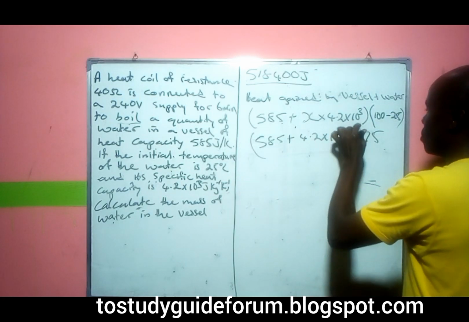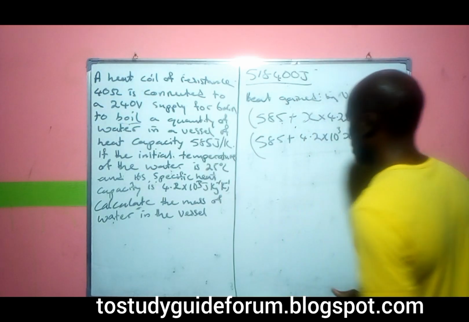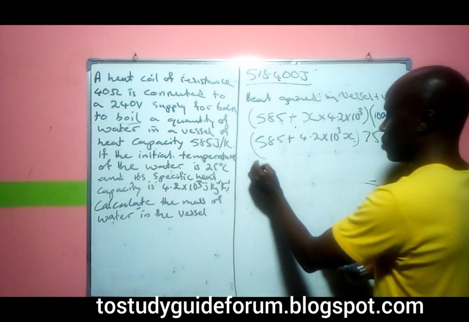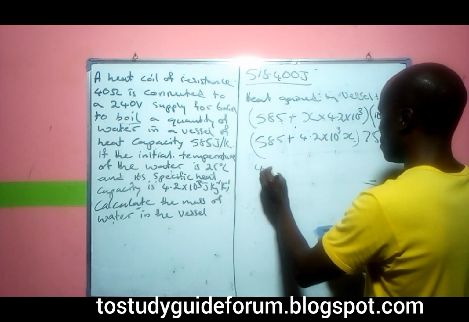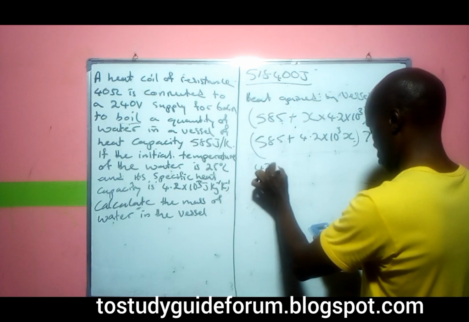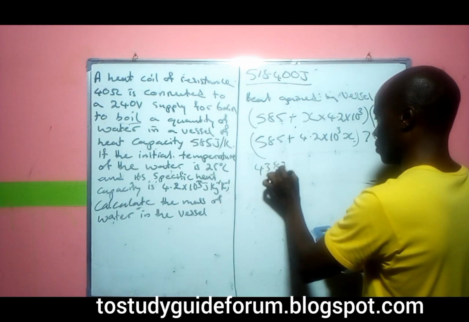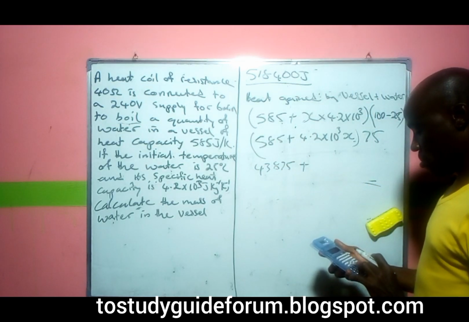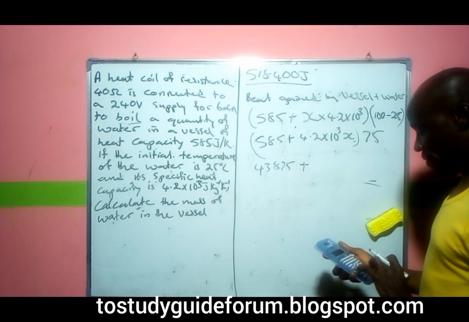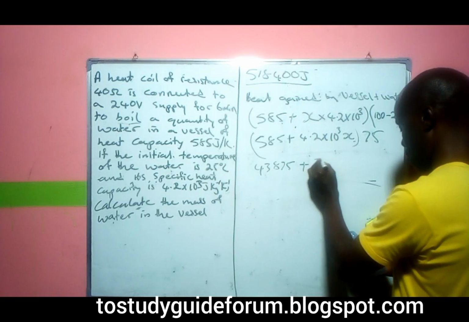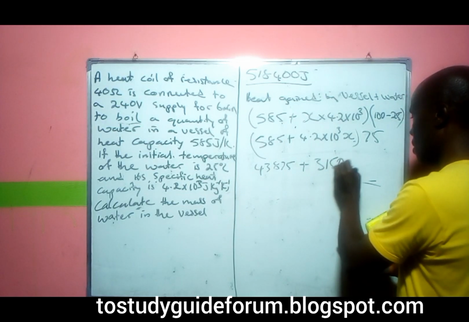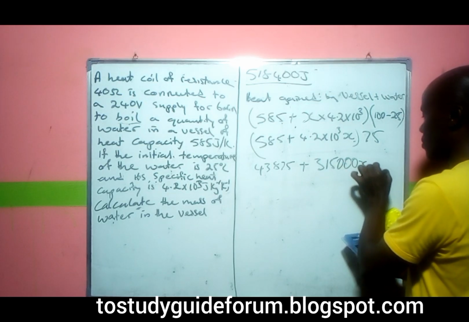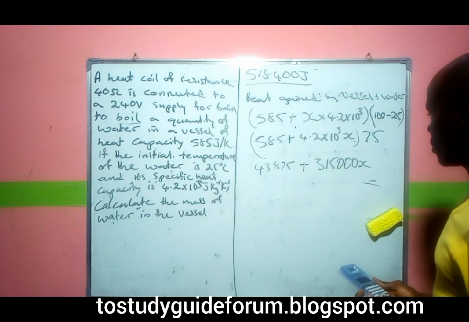If we multiply through, that is the heat gained by the vessel, and that of the water, times 75. The heat gained by the water will be 315,000x. So that's what we have.